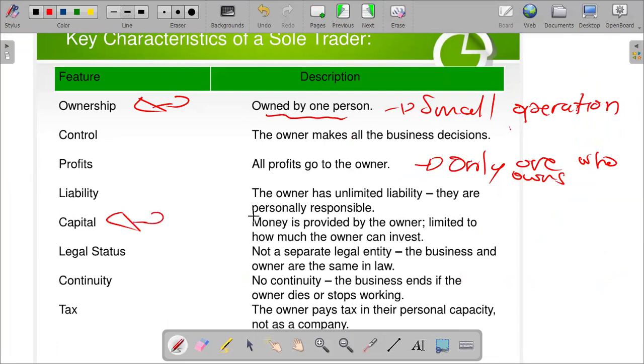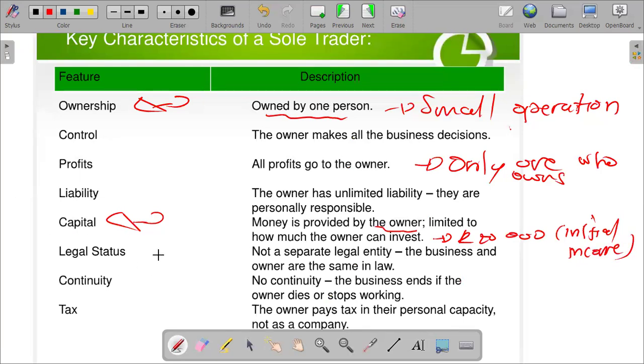Money is provided by the owner and is limited to how much the owner can invest in the business. So if the owner managed to accumulate 20,000, it means the initial income of the business will be 20,000. If the owner accumulated 40,000, it means that 40,000 will be the initial income of the business.